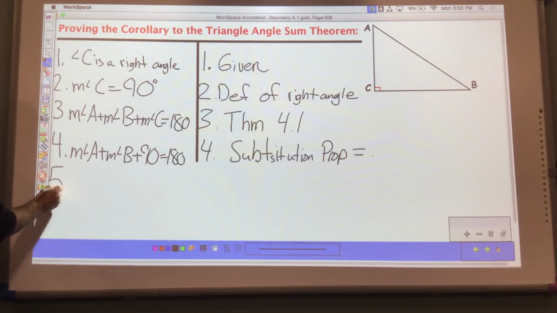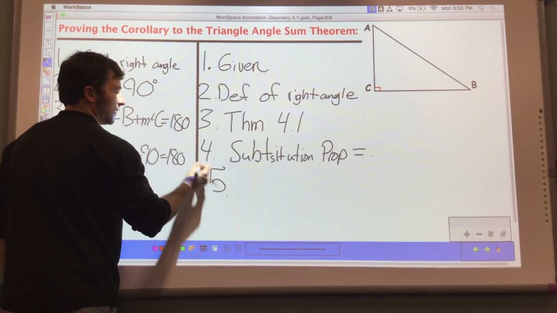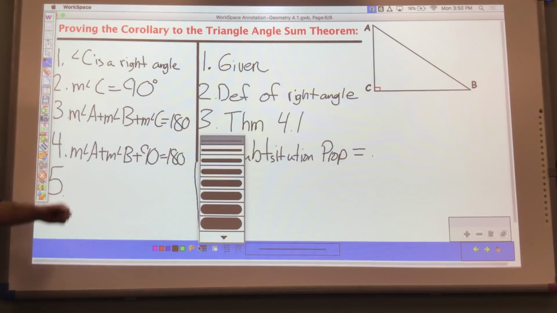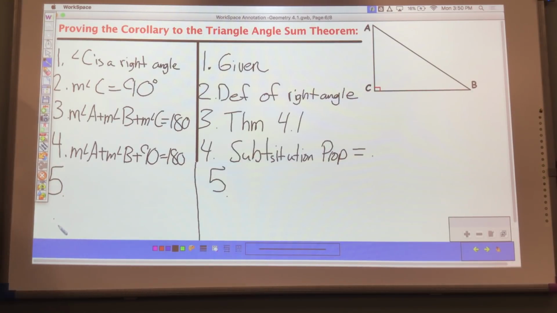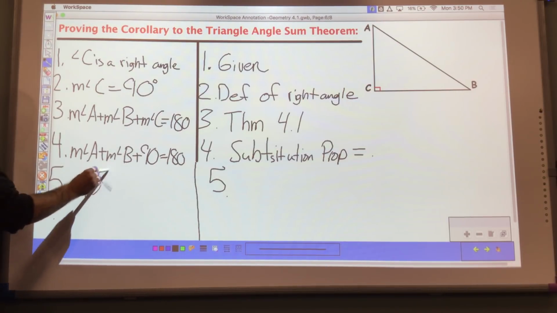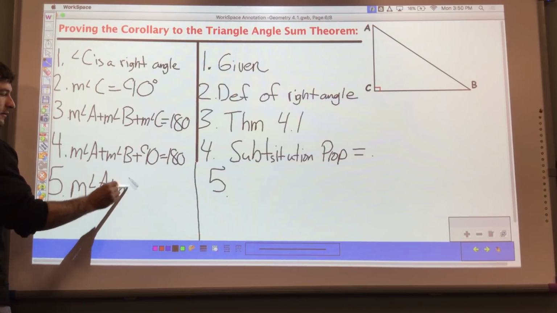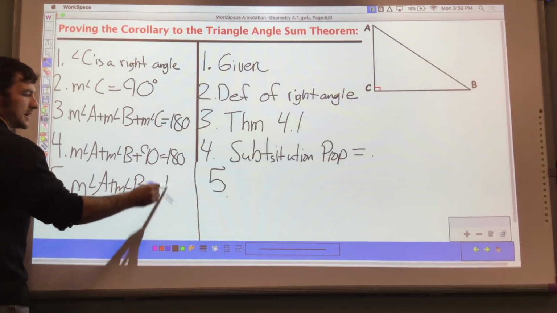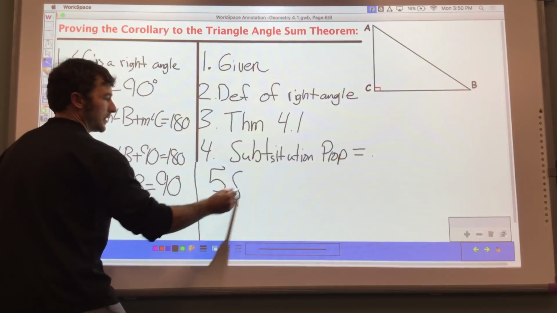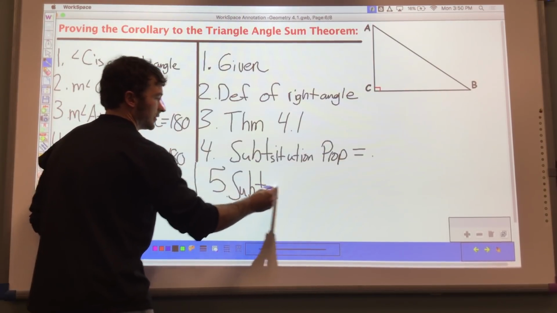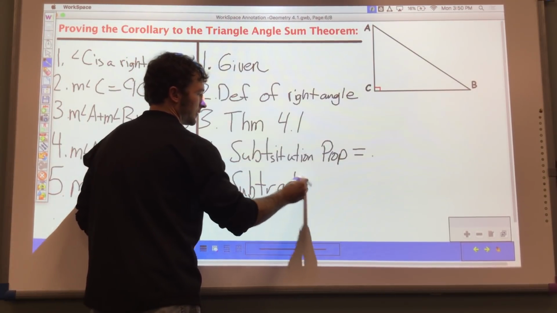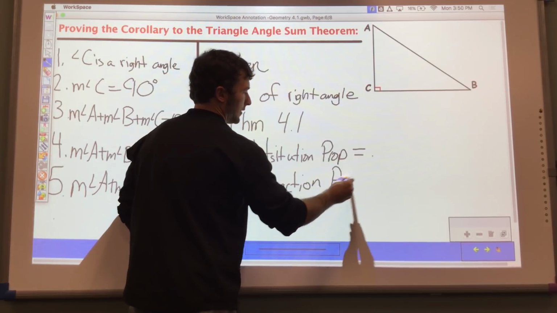Then step 5. Now, hopefully you're thinking about what we're proving here. We're proving that A and B add up to 90. So the next step should be if we subtract 90 from both sides. So measure of angle A plus measure of angle B equals 90. And that's subtraction property of equality.